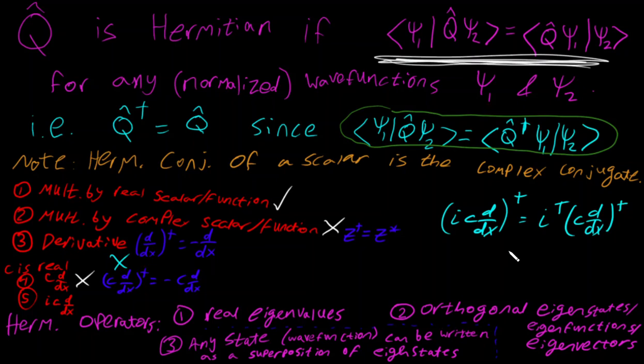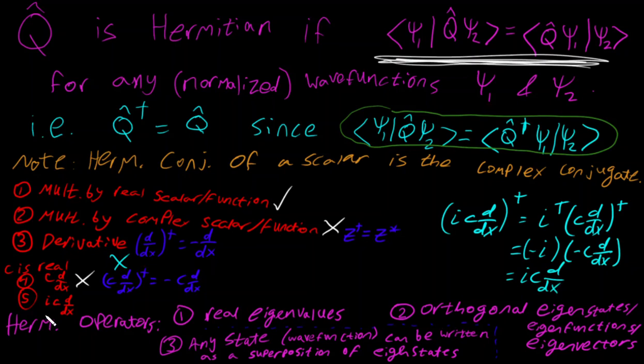Now, I Hermitian conjugate is negative I, because it's the complex conjugate, by property number 2, and C d by dx dagger is negative C d by dx. And so we get I, because the negatives cancel, so I C d by dx.